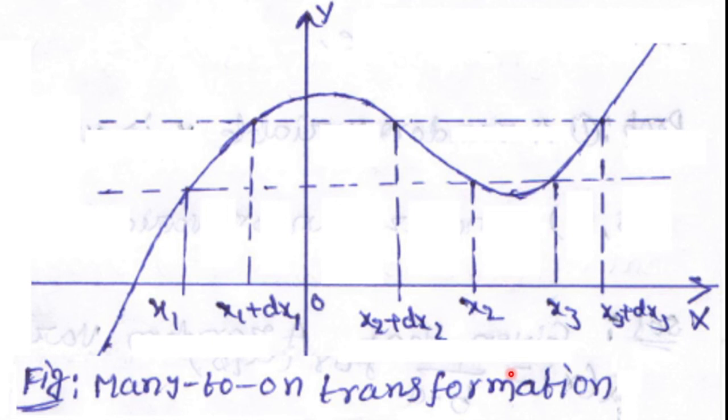So we write the probability of the outcome as the summation of the probabilities of the three roots.